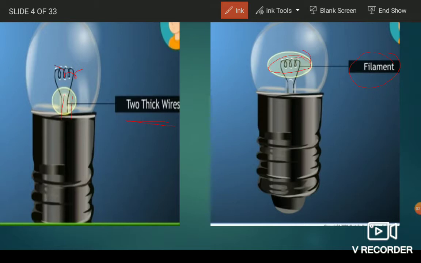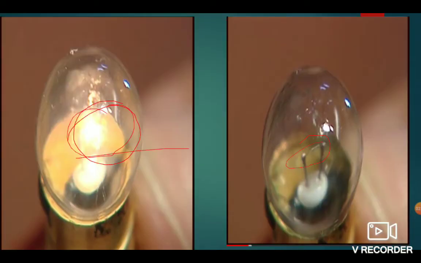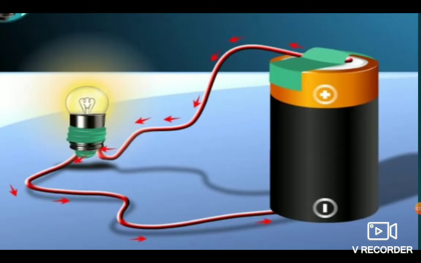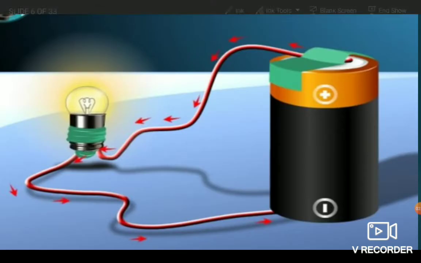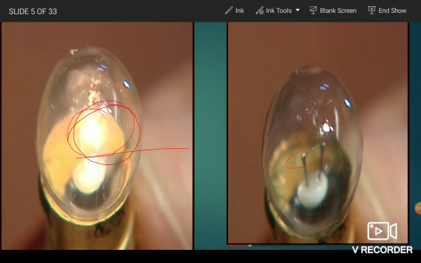This thin wire is the filament of the bulb. And when electricity from the cell passes through this filament, it gets heated up and glows.